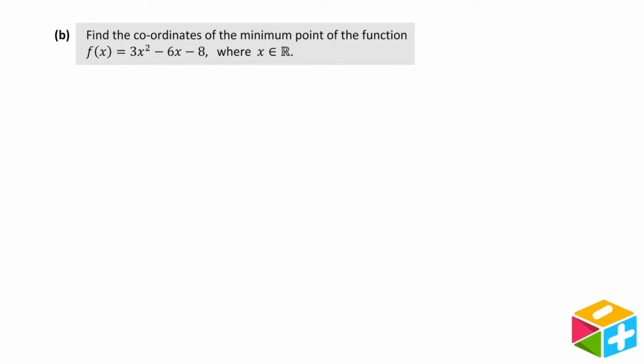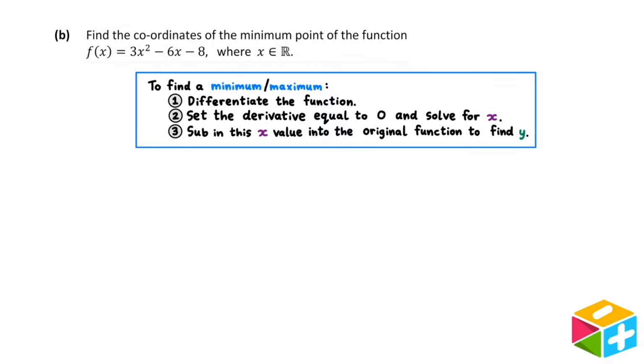Find the coordinates of the minimum point of the function f of x is equal to 3x squared minus 6x minus 8, where x is an element of the real numbers. The following strategy can be used to find minimum or maximum points of a function.